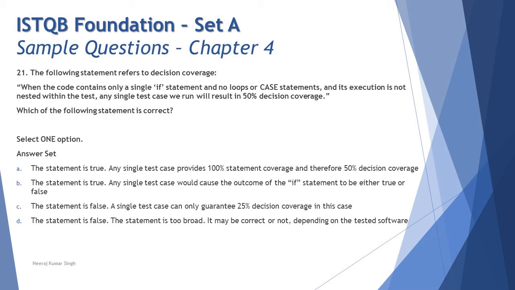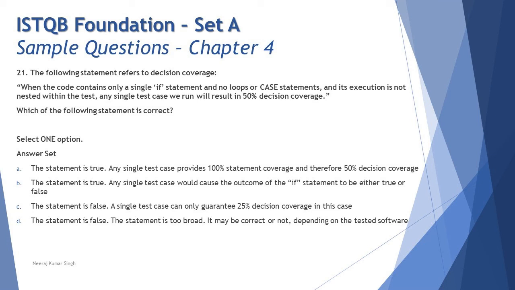Option A, the statement is true. Any single test case provides 100% statement coverage and therefore 50% decision coverage. Now, to be frank, there is no such justification that a single test will always provide you 100% statement coverage and, by default, half the decision coverage.